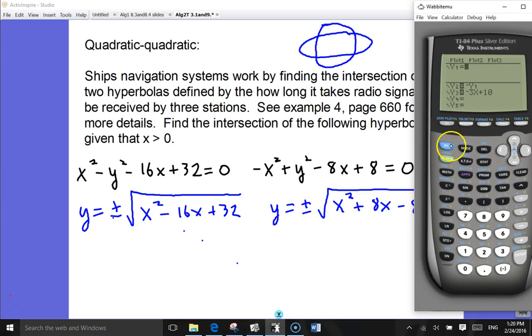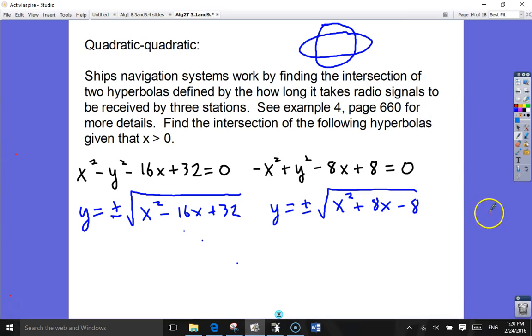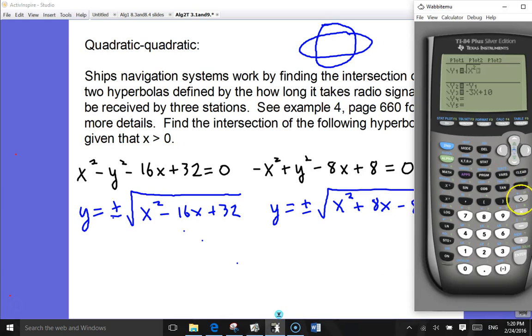Okay, the first one, square root of x squared minus 16x plus 32. On the second line I've got negative Y1, so that works.